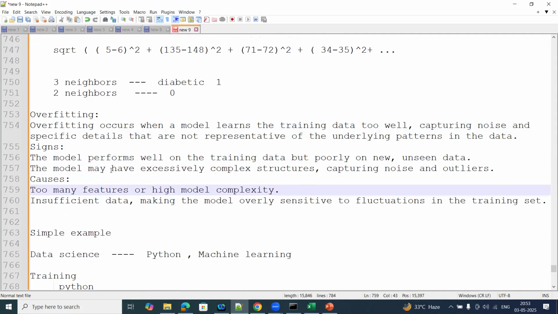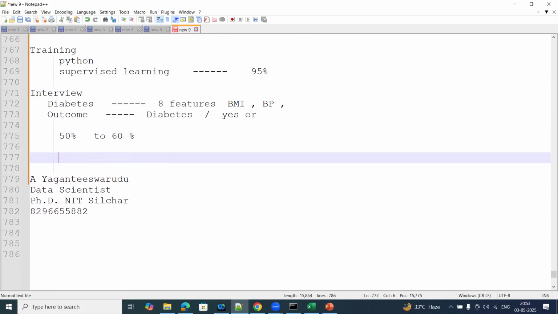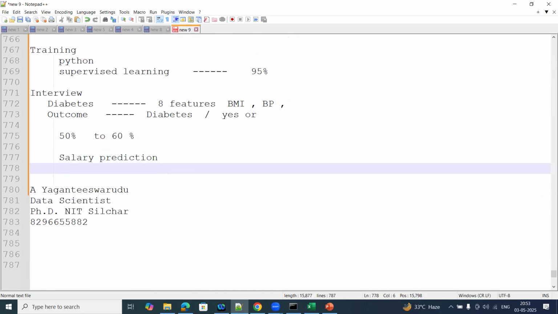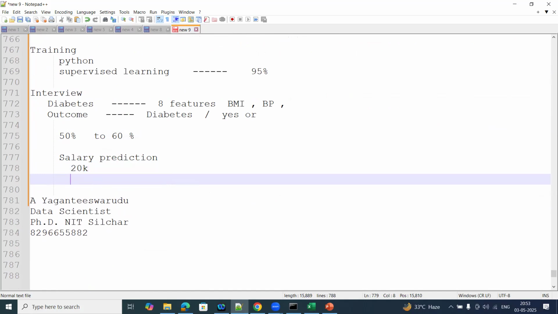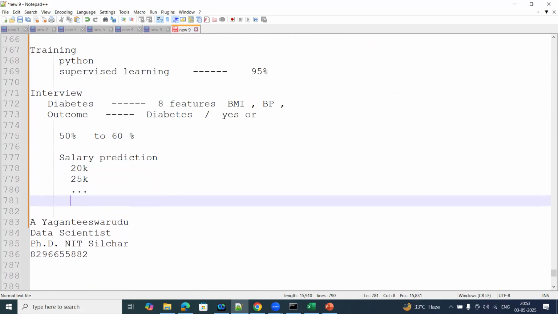And this may be because of excessively complex structures, capturing noise and outliers. For example, I'm training a salary prediction model. Most of the records are freshers with 1 year of experience having salaries of 20K, 25K. Let us assume most of the records are 20 to 40K.